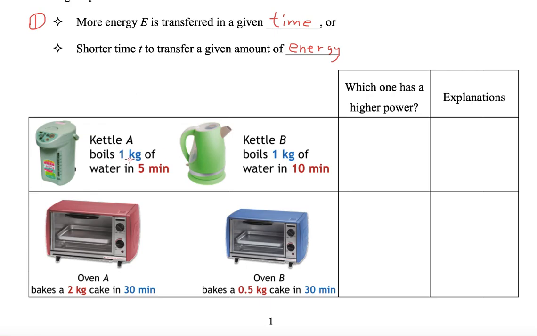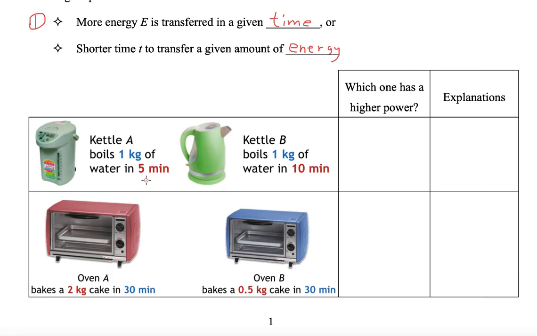You see that the mass is the same and they are both water, so it's a kind of fair test. And kettle B can boil 1 kg of water in 10 minutes. So let's just look at the numbers. They can boil the same mass of water in different times, and kettle B requires longer time. So which one do you think has a higher power?